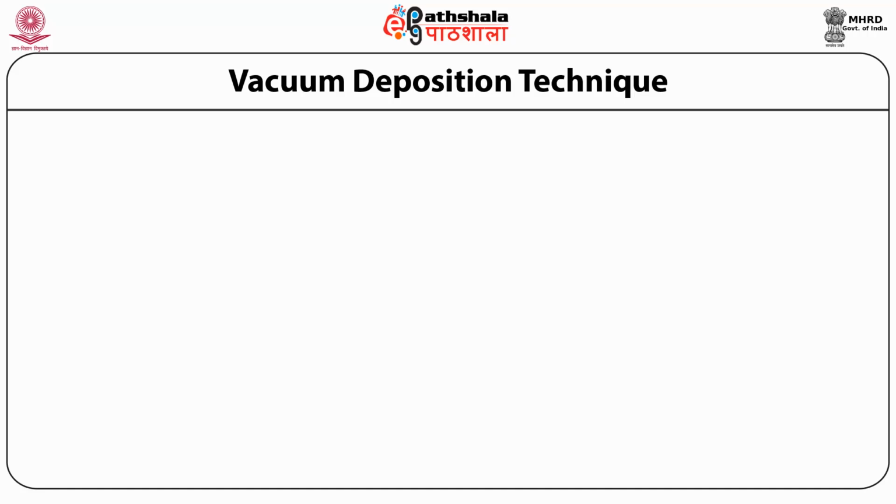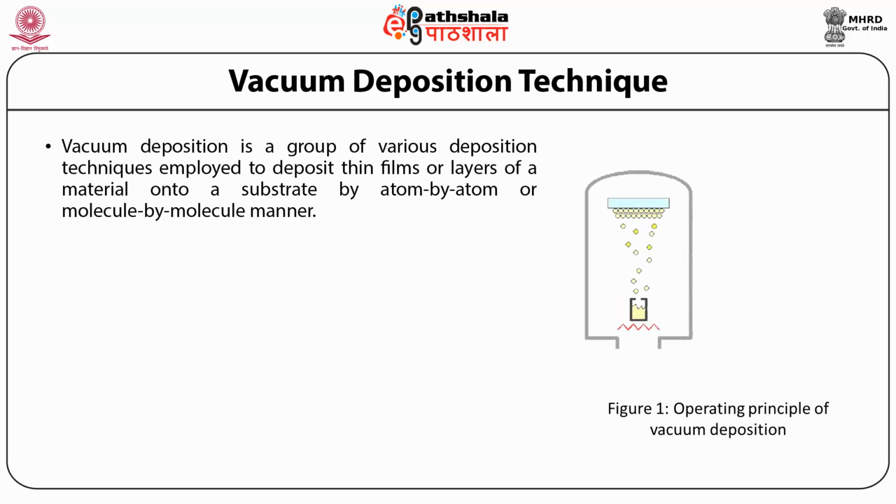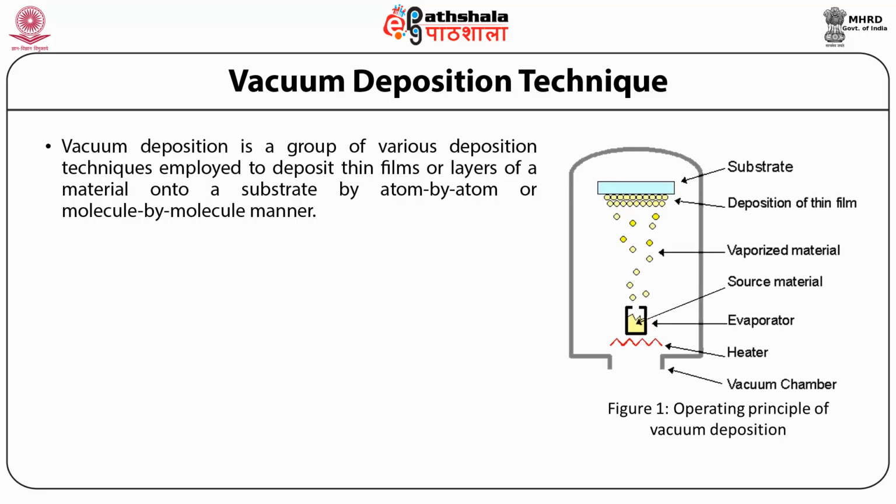Let us discuss the vacuum deposition technique. Vacuum deposition is a group of various deposition techniques which are employed to deposit thin films or layers of a material onto a substrate in an atom by atom or molecule by molecule manner.